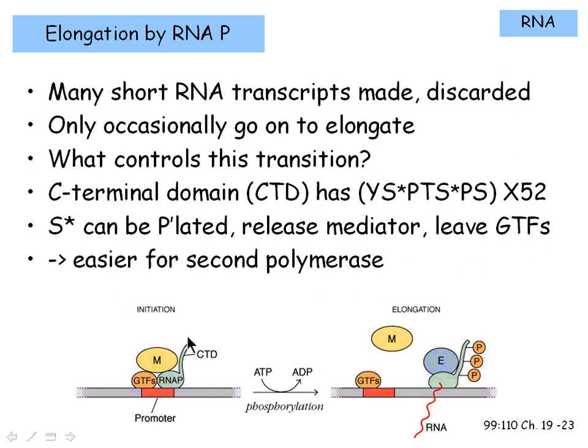So this is one end of that protein, the C-terminus. And the C-terminal domain has a very peculiar sequence: tyrosine, serine, something, proline, tyrosine, serine, something, proline, serine, 52 copies. It's just sticking out there. With all those prolines in there, it's not going to fold very nicely. It's kind of flapping out there in the breeze.